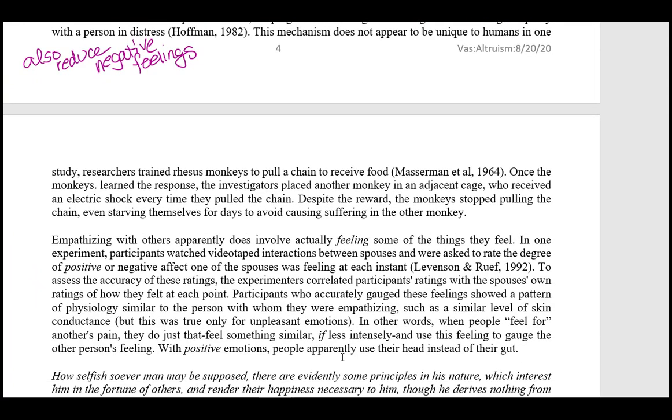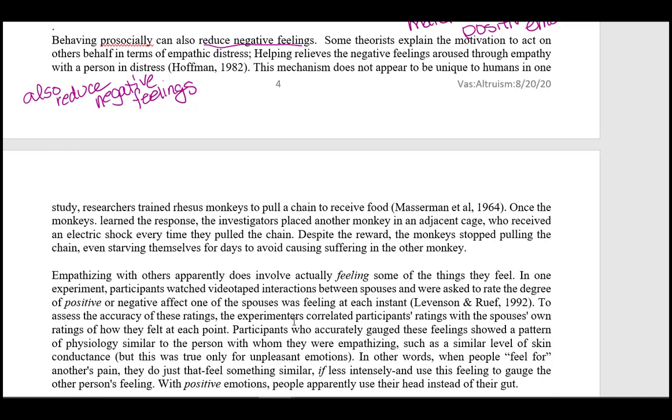Once the monkeys learned the response, the investigators placed another monkey in an adjacent cage who received an electric shock every time he pulled the chain. Despite the reward, the monkeys stopped pulling the chain, even starving themselves for days to avoid causing suffering in the other monkey." So again, this mechanism, behaving pro-socially, is not only in humans. It's also found in monkeys.